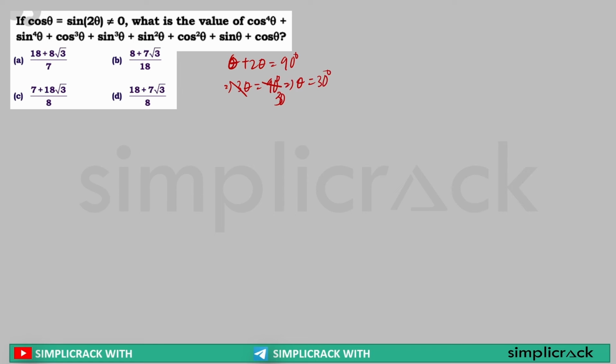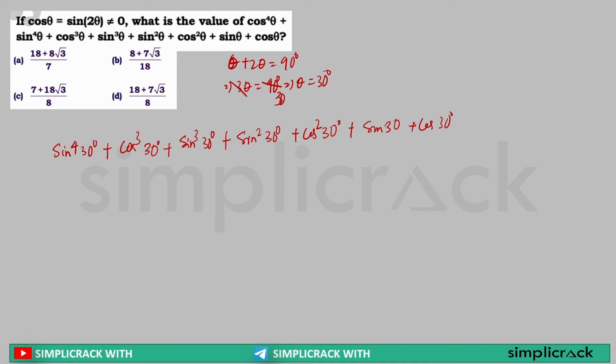Yes or no? So sine 4θ can be written as sine 4 30 degrees, plus cos cube θ can be written as cos cube 30 degrees, plus sine cube θ can be written as sine cube 30 degrees, plus sine square θ can be written as sine square 30 degrees, plus cos square θ can be written as cos square 30 degrees, plus sine θ sine 30 plus cos θ cos 30. Sine 30 is 1 by 2, sorry, my bad.